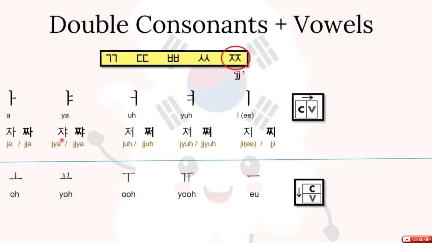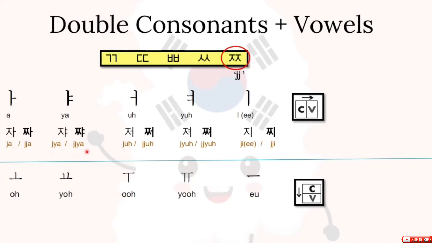next one, it sounds pretty similar to the first one. 자. Okay, this one was 자. This is 자. Okay, and for the double consonant, it's 자. Yeah, the two of them are very identical in a way. So you really have to listen to the context.